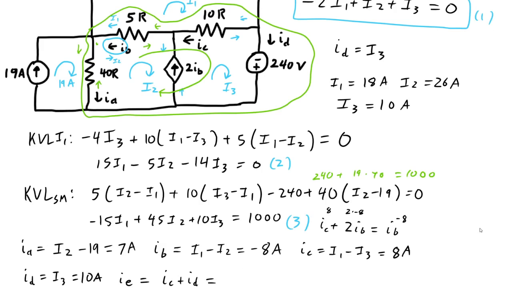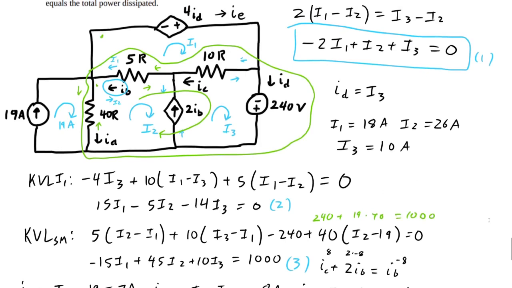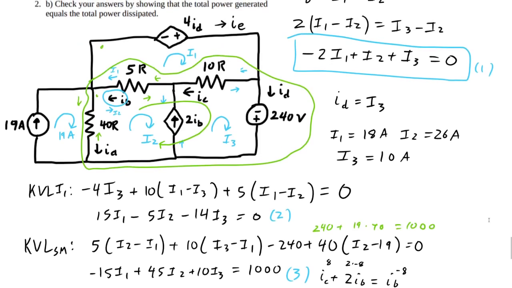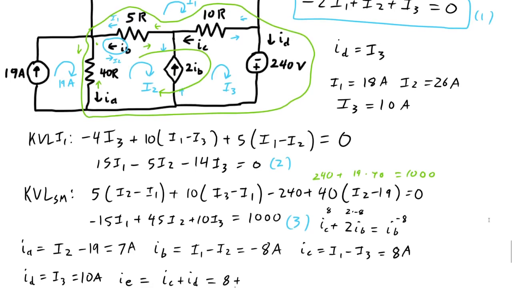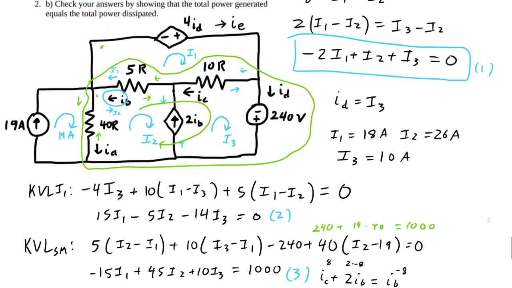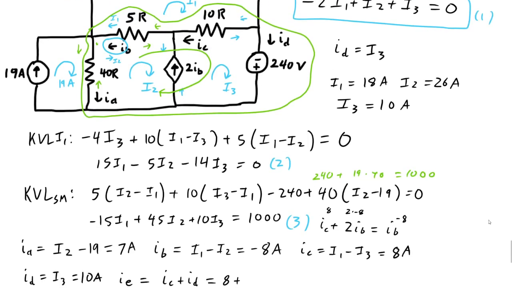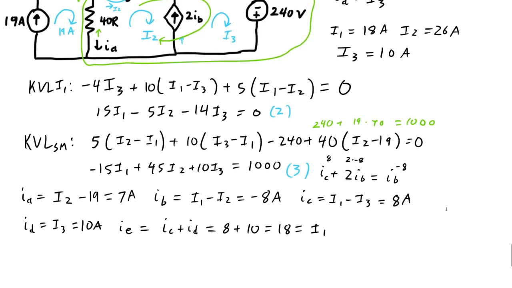And we know IC is 8. And then, oh, I'm sorry, let's see. Leaving, entering 10. Yeah, so it's 18. So it is I1. I didn't really have to do all that, but I did.